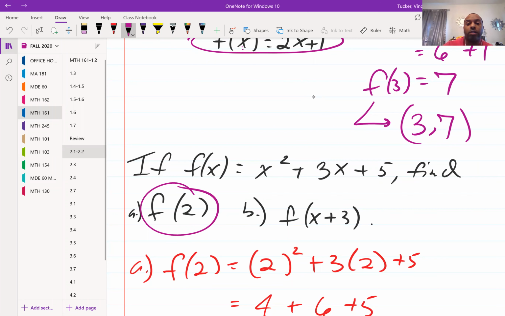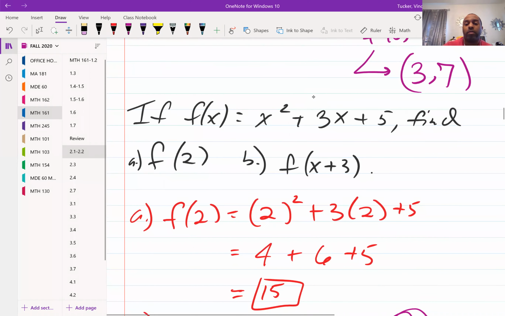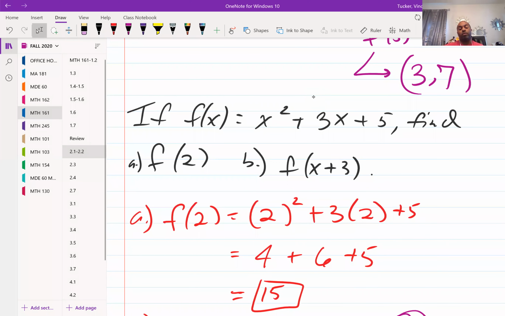So you just plug 2 into your function. F of 2 is 2 squared plus 3 times 2 plus 5. 2 squared is 4. 3 times 2 is 6. 4 plus 6 plus 5 is 15.